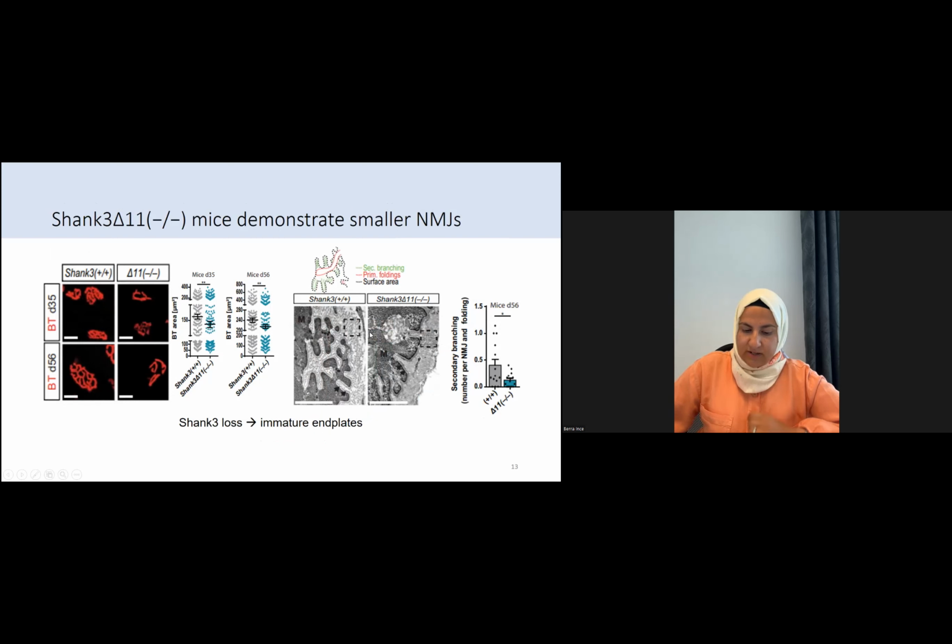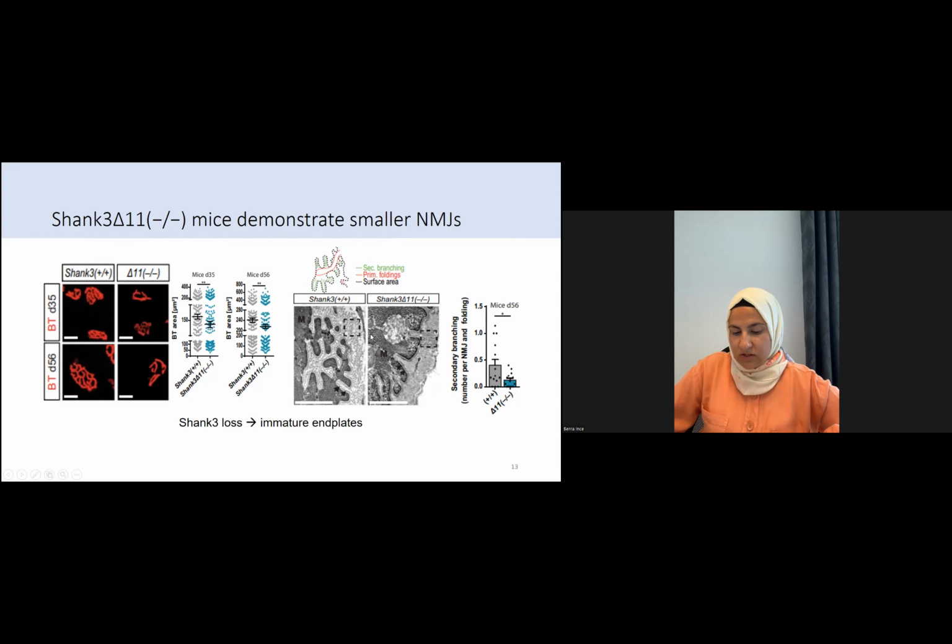The ultrastructure analysis of skeletal muscle revealed a normal axon terminal for the SHANK3 wild type mice, so they have a complex postsynaptic membrane folding with properly formed secondary synaptic clefts and a well-developed postsynaptic membrane.